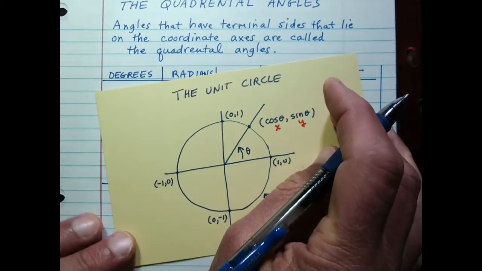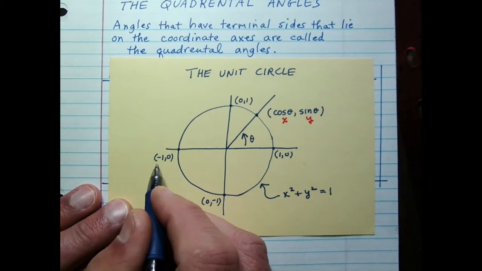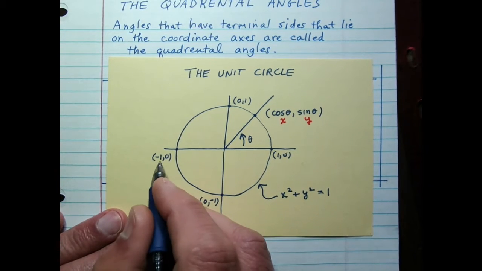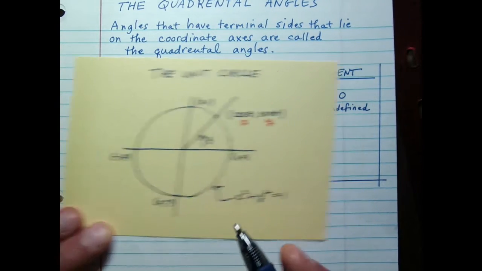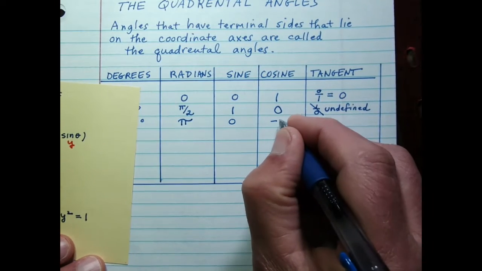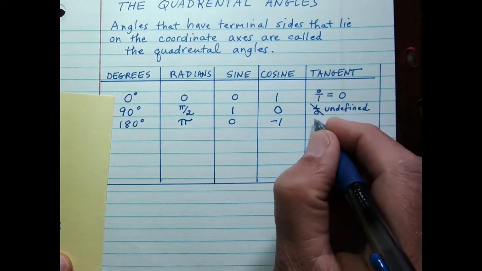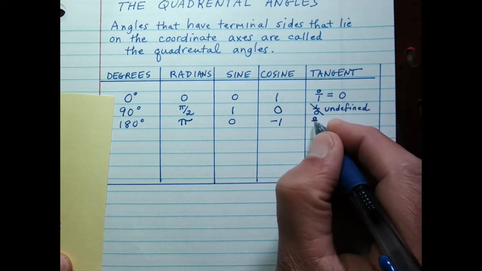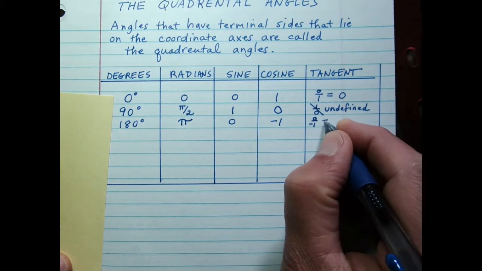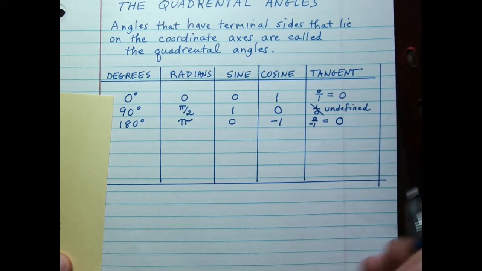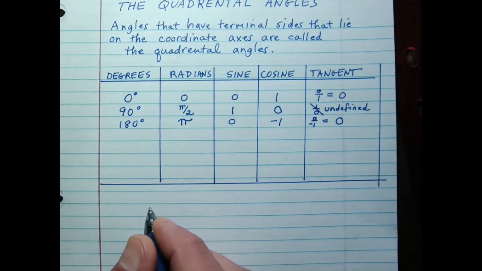Cosine of 180 degrees is negative 1. It's the x-coordinate of this point of intersection, negative 1. And tangent of 180 degrees is sine over cosine, 0 over negative 1. That's perfectly okay. That's equal to 0. That does have a value.